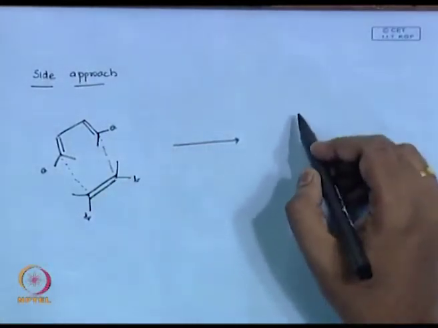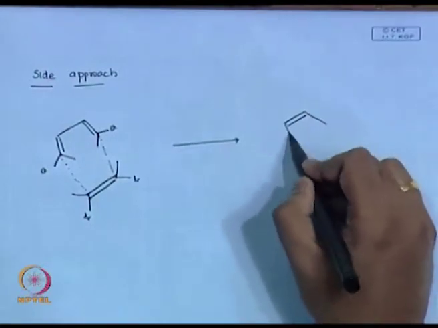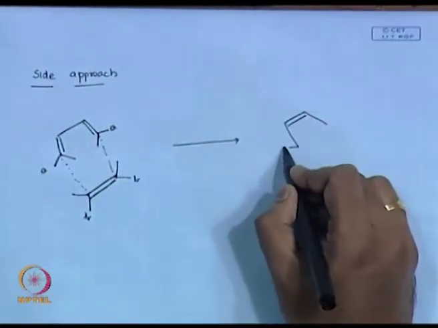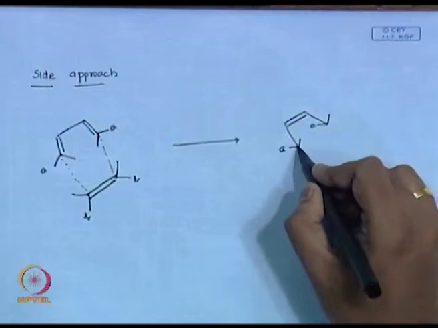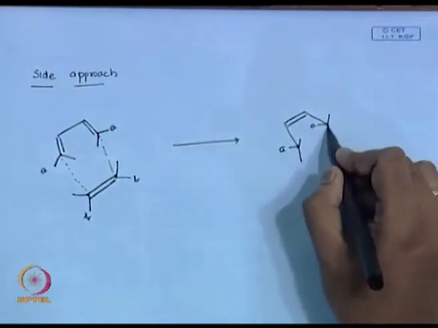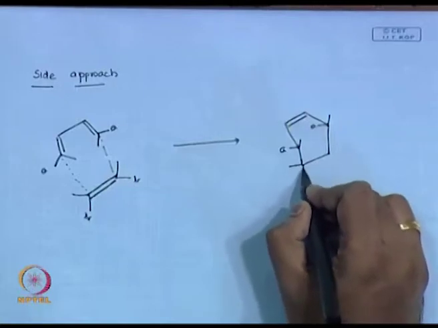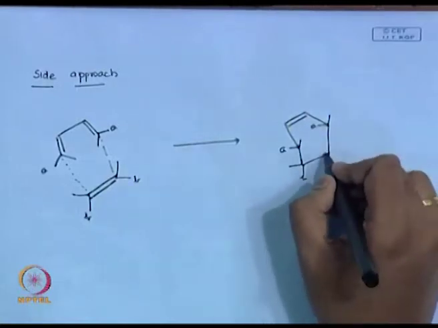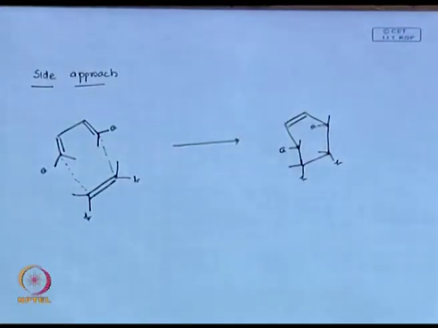So, now what happens is that you can draw like that. So, your A will be outside and your B will be here. In this case, your A will be here and B, and then you can have your B. This way also you can look at this.